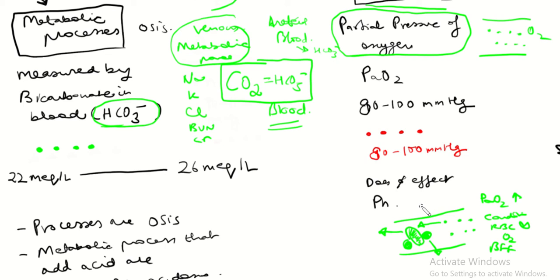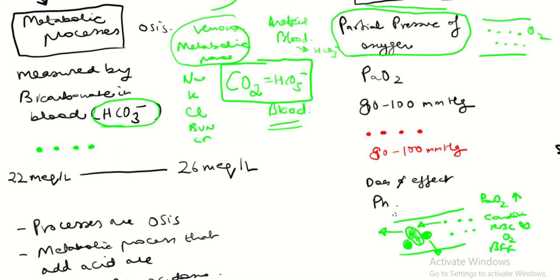In the lungs again, conditions are there for the RBC or hemoglobin to become best friends with oxygen, so it leaves the CO2, and the CO2 goes from the blood to the alveoli and gets exhaled out by the lungs. And that's our respiratory process.